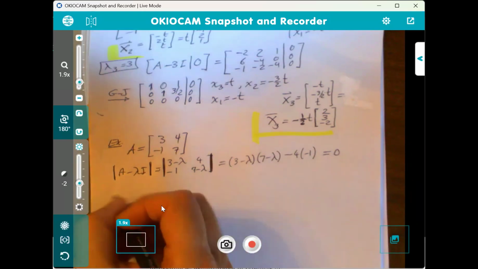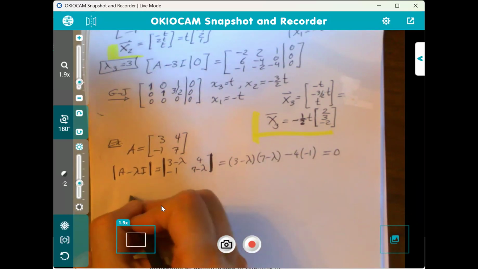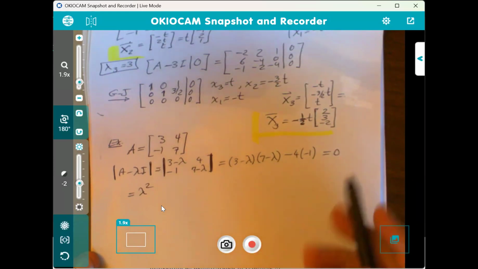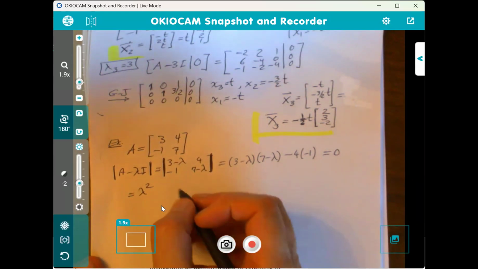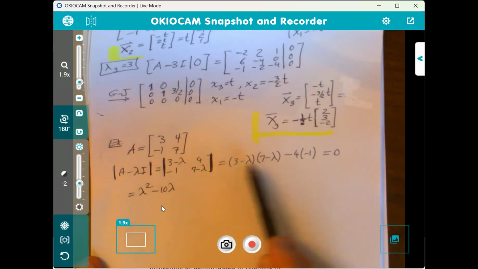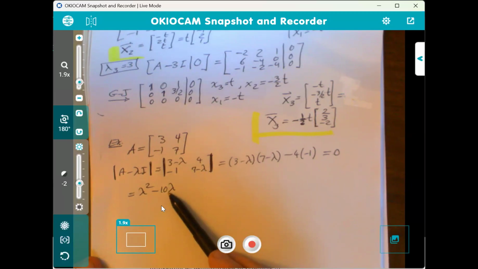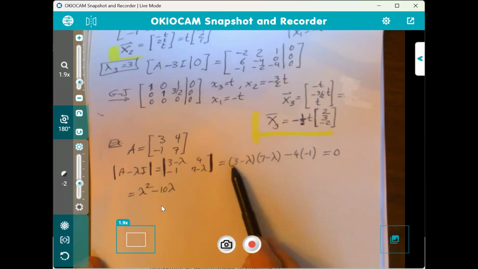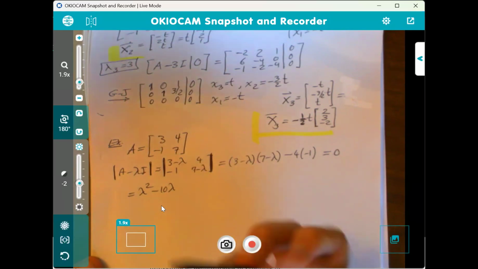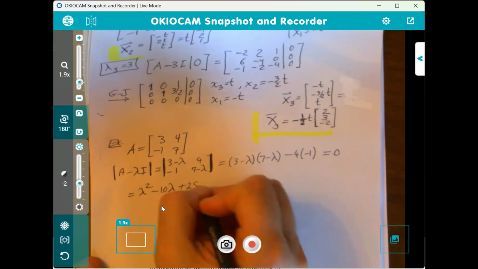Okay, so our characteristic polynomial is going to be lambda squared, right? That's negative lambda times negative lambda, so it's lambda squared. Negative 10 lambda, that's the OI in FOIL. Negative 3 minus 7 gives you negative 10 lambda. The last terms, the constant is 21, but then there's 4 added to it, which makes it 25. Plus 25 equals 0.